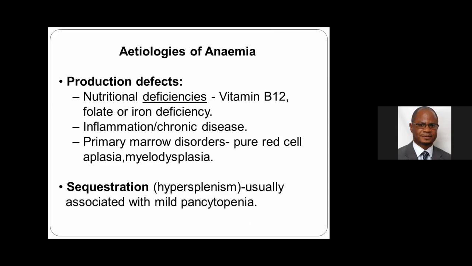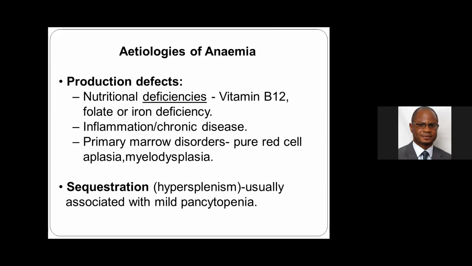Then sequestration, hypersplenism. The spleen keeps some amount of red cell, okay? And they are keeping more than necessary. So the overactive spleen is removing more red cells than they should. When red cells are deformed, like in sickle cell state, they get into the spleen and they are removed by macrophages within the spleen.